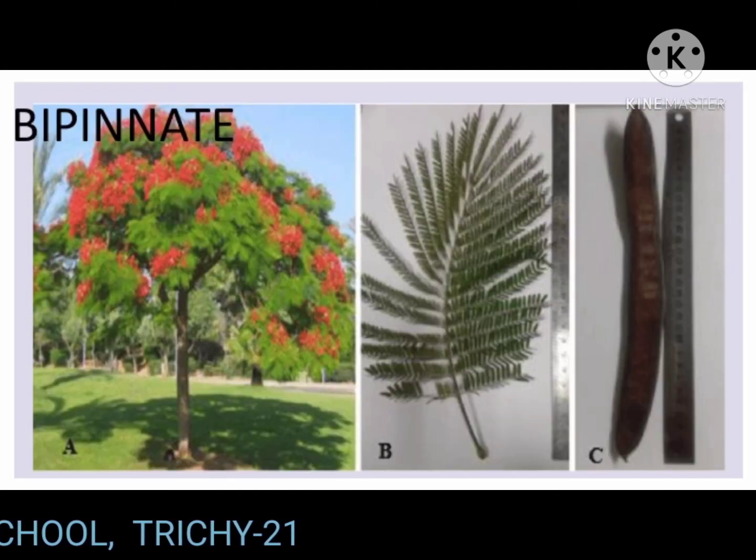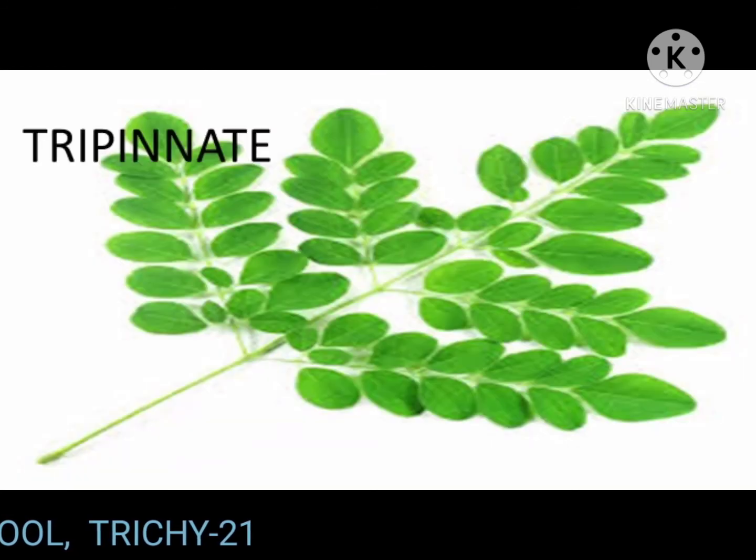Bipinnate. The primary rachis produces secondary rachis which bear the leaflets. The secondary rachis are known as pinnae. Number of pinnae varies depending on the species. Example, Delonix. Tripinnate.